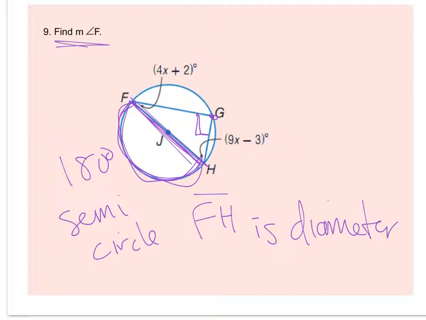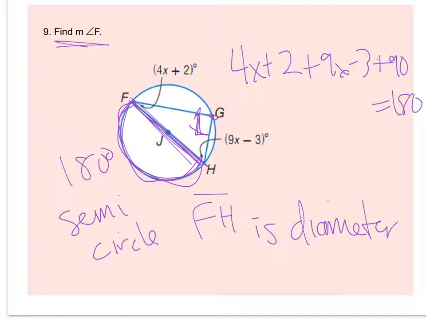So figuring out the angle of F, here's what I've got to do. It's still a triangle, and it's going to add up to 180. So I'm going to have 4x plus 2 plus 9x minus 3 plus 90 equals 180.